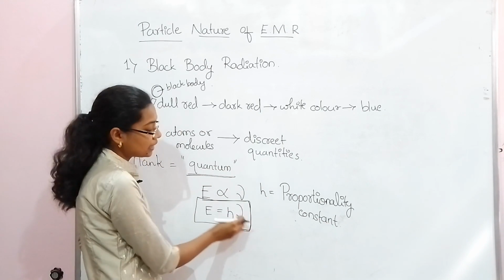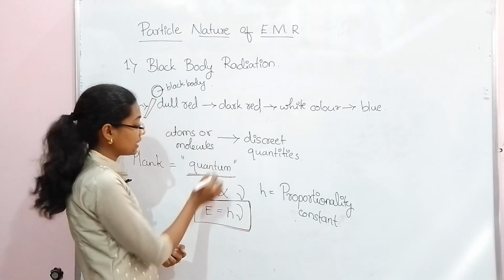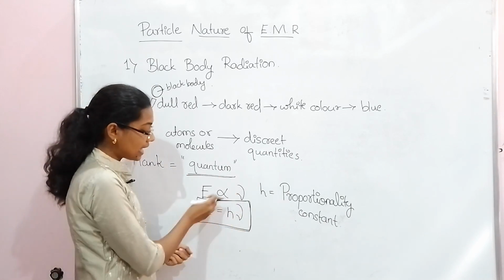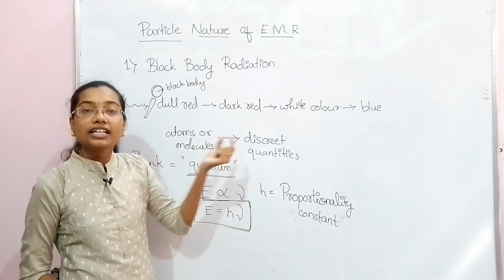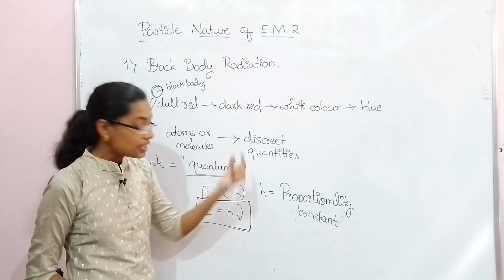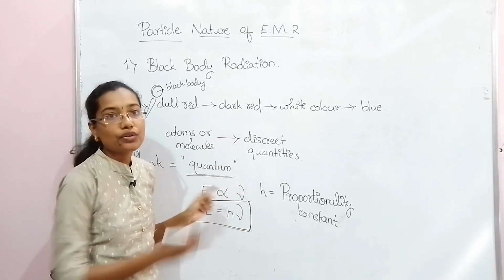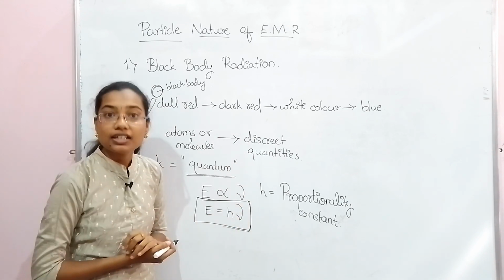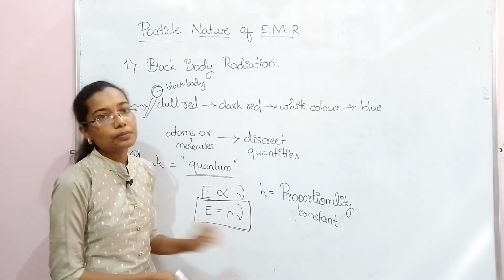The energy of the quanta is directly proportional to the frequency. If we go on increasing the temperature, the frequency also increases. So whenever the energy is high, the frequency of that radiation is also high.